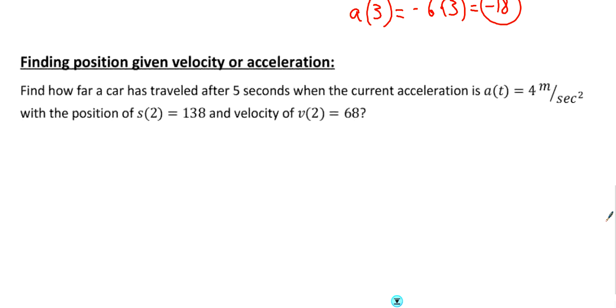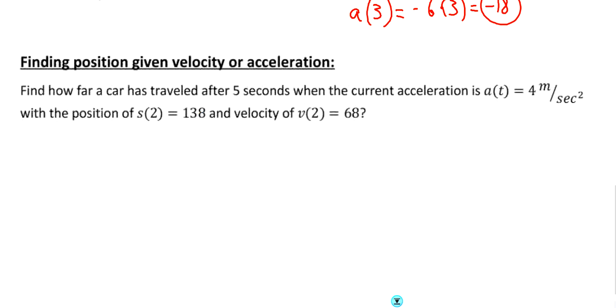No. The only thing I know is that when the time is 2, my position is 138. And I also know that my velocity at 2 seconds is 68. And the function that gives the car's acceleration is 4 meters per second squared.